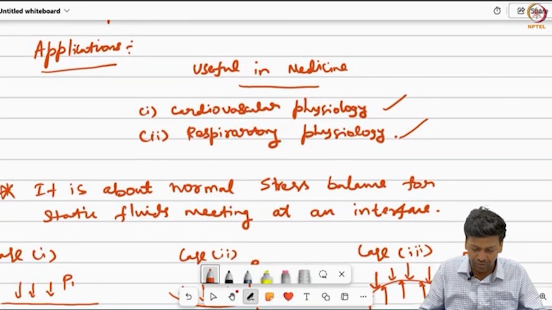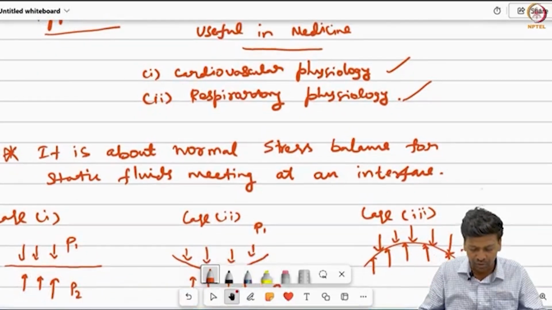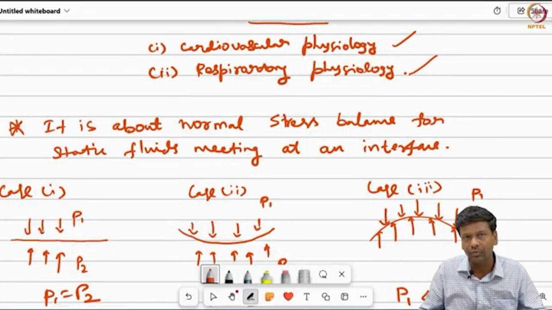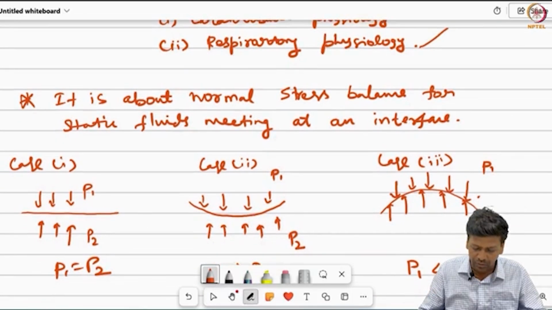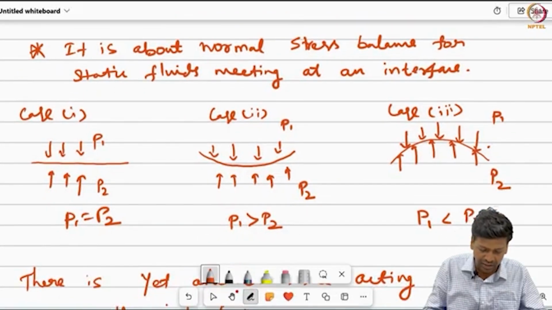You can refer to any textbook for the application in detail. But right now, what we will do is try to understand how we can actually obtain a simple relationship between pressure and the surface tension.